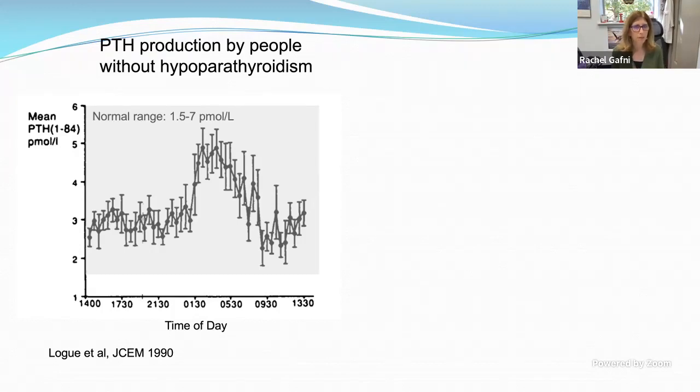The big gray shaded area is showing the normal range, which actually goes a little bit higher than they are showing on the y-axis. These people are maintaining PTH levels within the normal range over the 24-hour period, but there is a little bit of a peak early in the morning where you see the PTH levels go up.